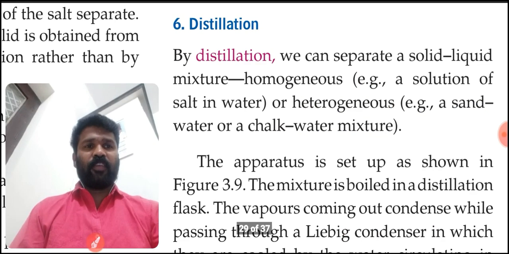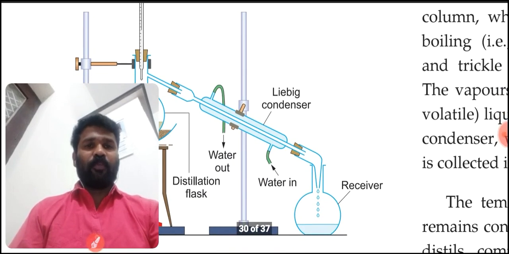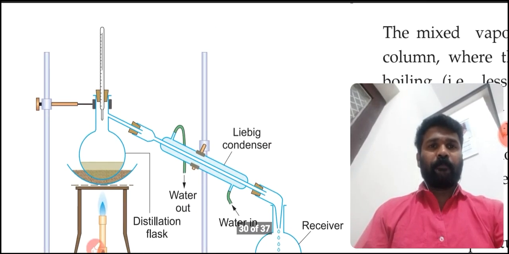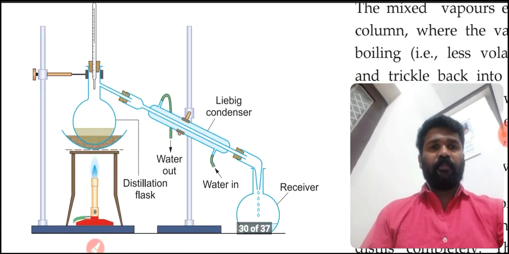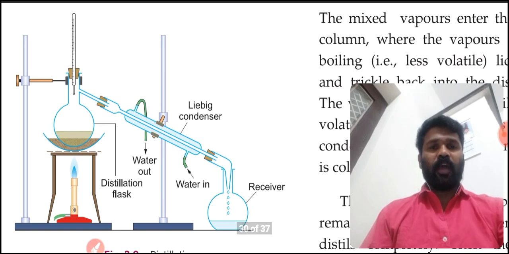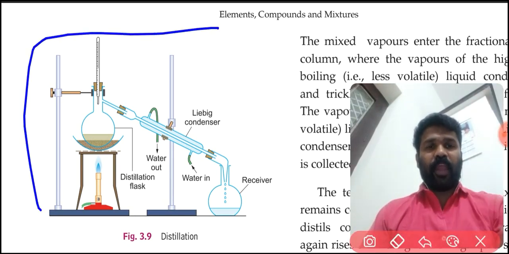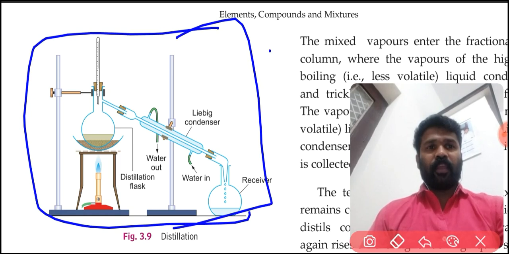Here we are going to do the distillation process. Okay, this is a diagram. Let's go through the diagram before the discussion: how the apparatus is arranged for the distillation process. This diagram is your holiday homework.